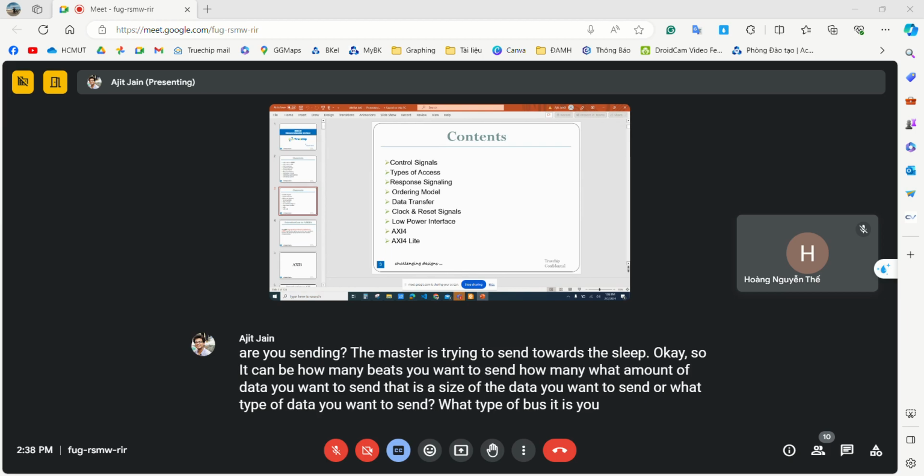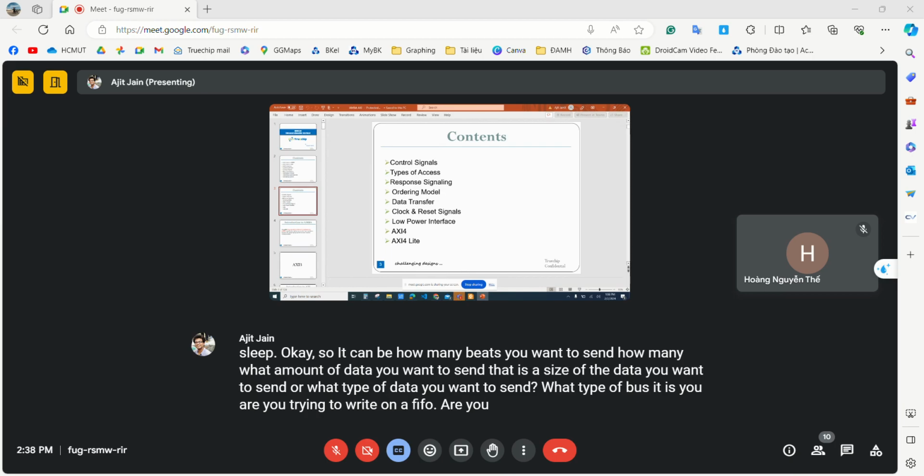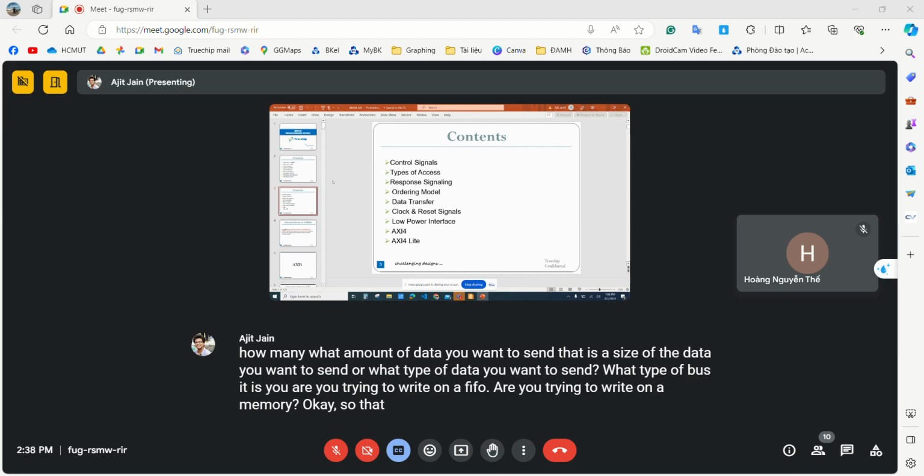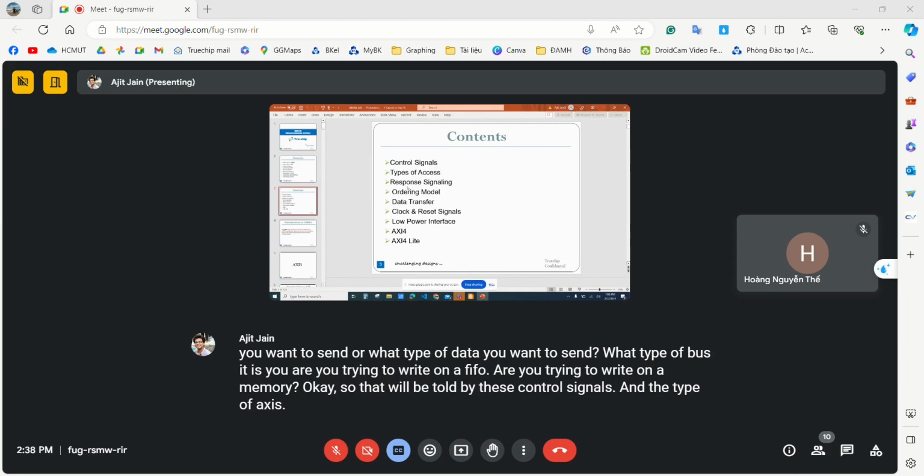Are you trying to write to a FIFO, or to a memory? That will be told by these control signals. And the type of access, which can be atomic access, we'll come to it later.